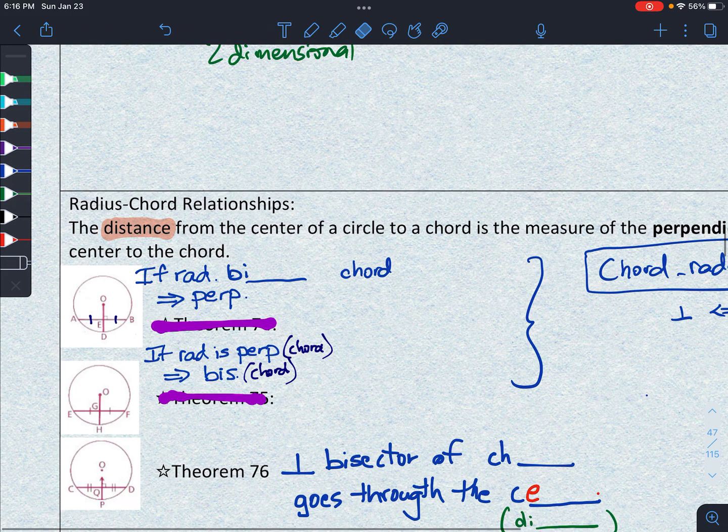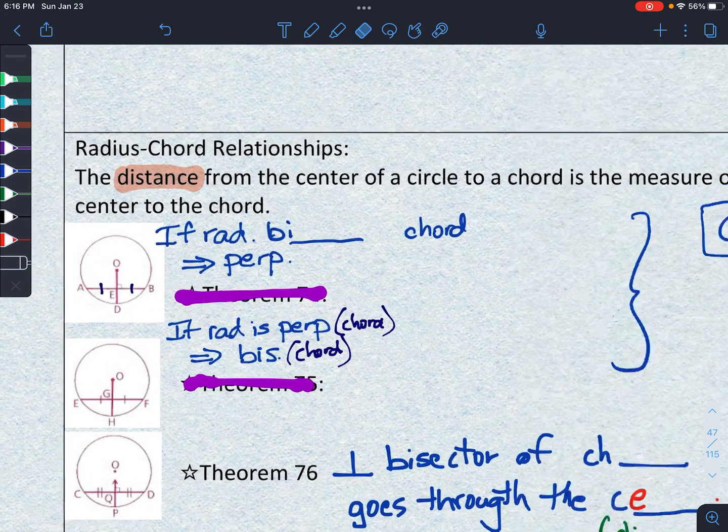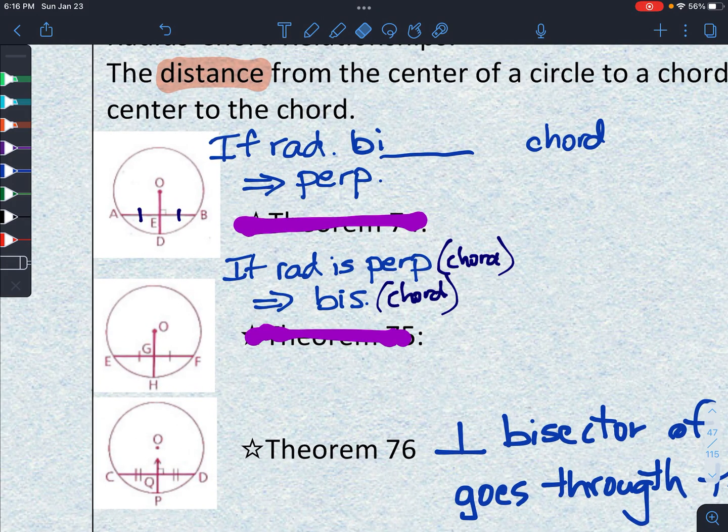And then here are the kind of the theorems of the section, which you will be quoting in the proofs. If the radius bisects a chord, then it is perpendicular to the chord.